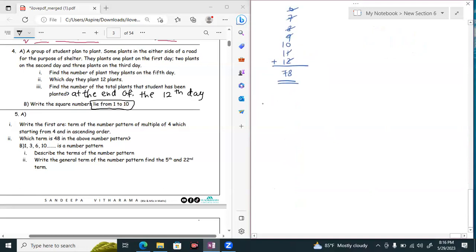Let's move to the 5th question. Read the question and write the answers.